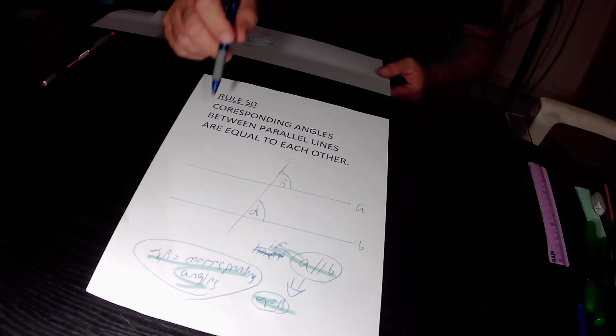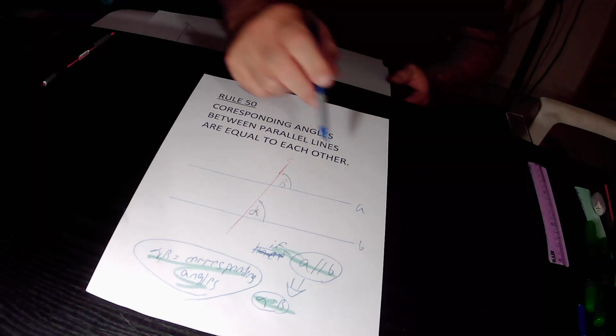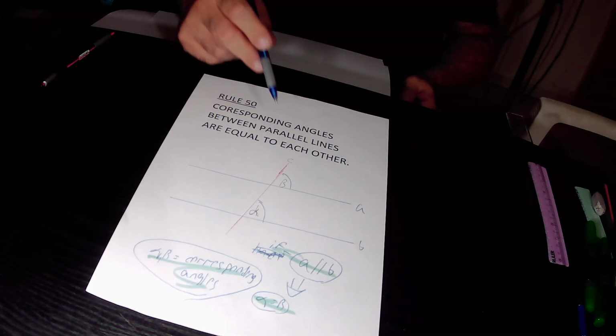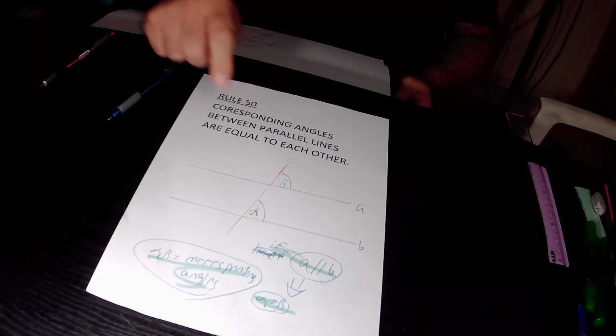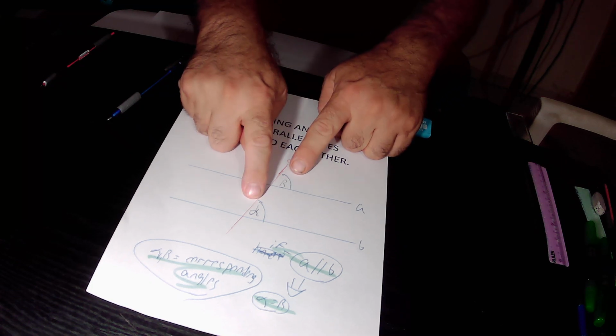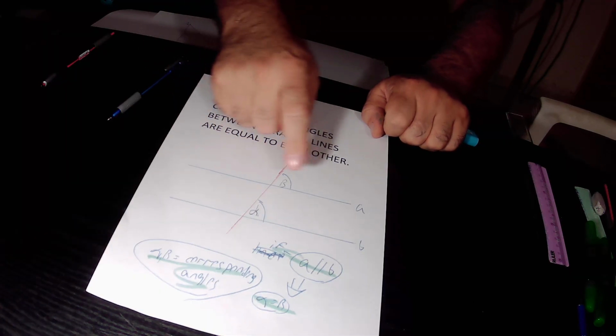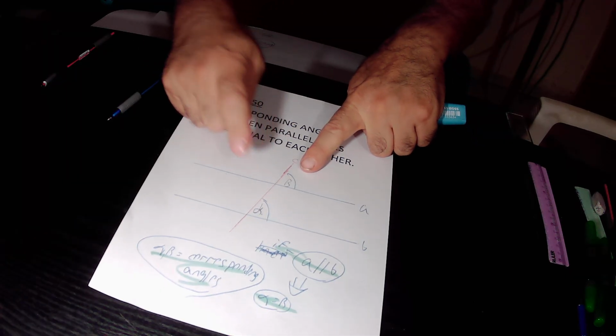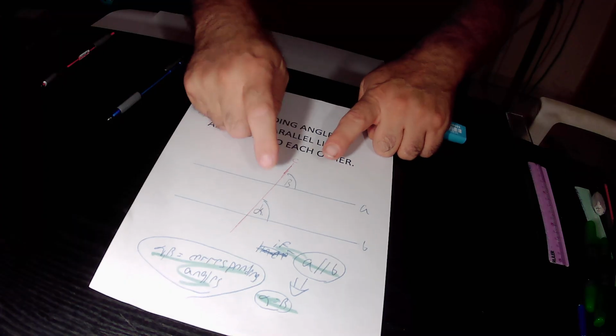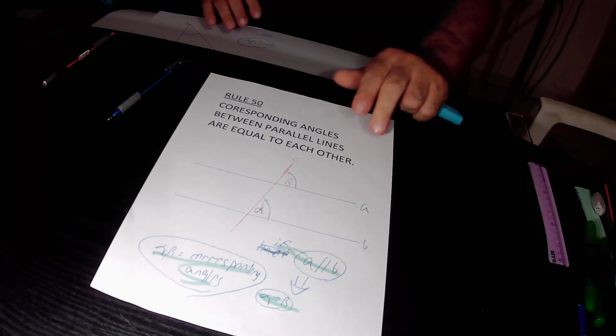In the drawing you have line A that is parallel to line B. The red line C cuts those two parallel lines at those two points. Those two angles, alpha and beta, are defined as corresponding angles, and they are located between the parallel lines A and B. Therefore, they are equal to each other in their sizes according to Rule 50. That is to say, alpha equals beta.